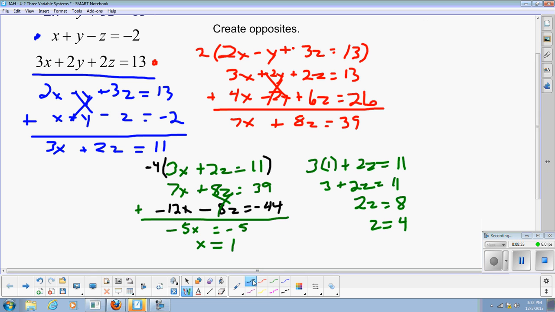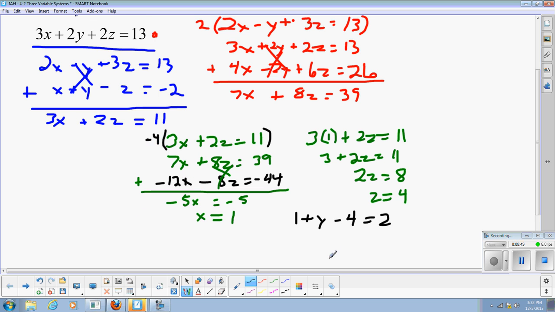So in this case, I have x plus y minus z equals -2. So x is 1. I don't know y. Minus z, so minus 4 equals -2. Combine the like terms here, 1 minus 4.